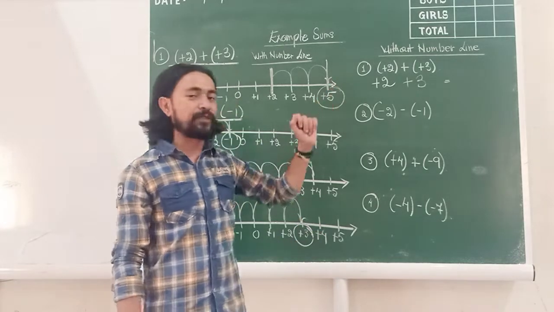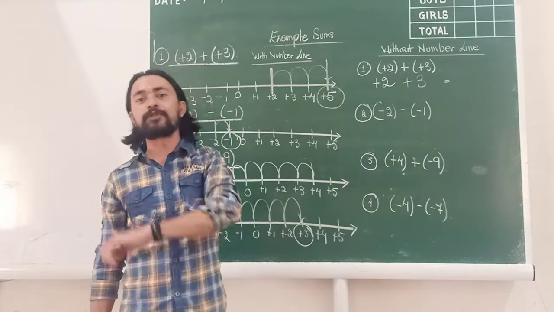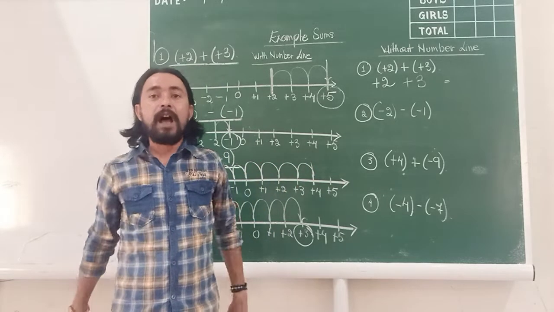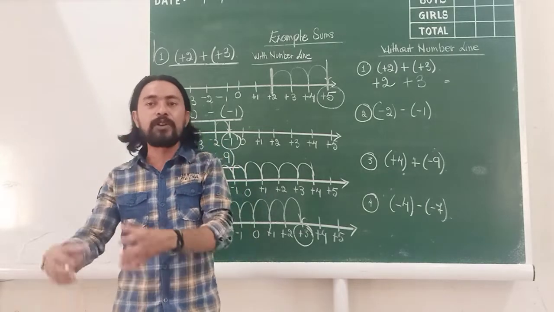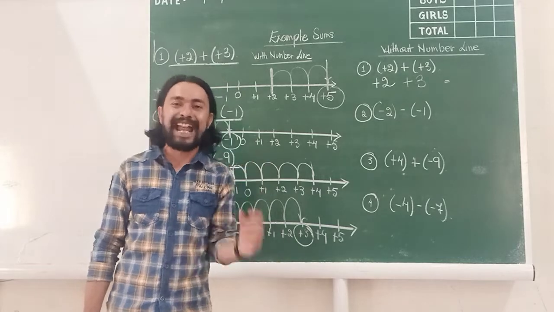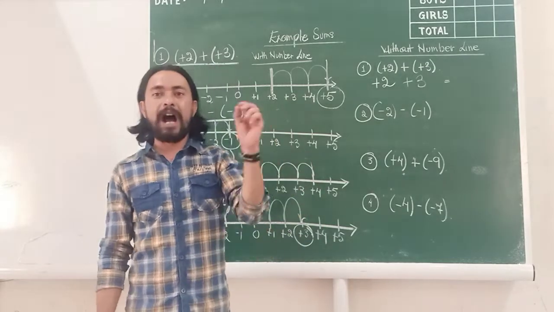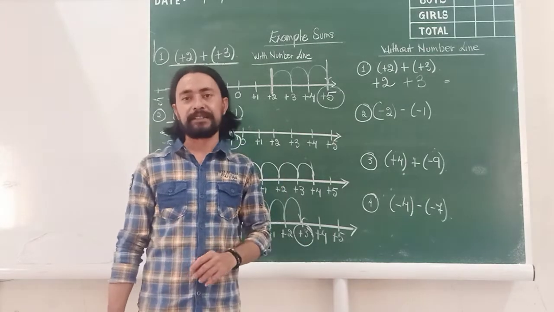It is the signs of the numbers that decide in integers whether I am to add or whether I am to subtract. Because I am here not dealing only with positive numbers. I am not dealing only with 0. I am dealing with positives, zeros and negatives. So it is the signs that these numbers carry that tell me that I should add or I should subtract. If the signs are the same, I have to add.